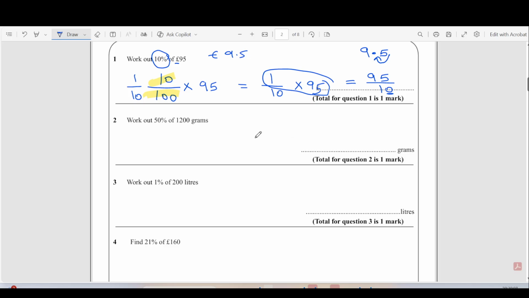You don't understand? Let me explain here. 10% of 95 euros, that's what we need to find. First convert this into a fraction. When we remove the percentage sign, we get 100 in the denominator because percent means per 100. So 10 over 100.